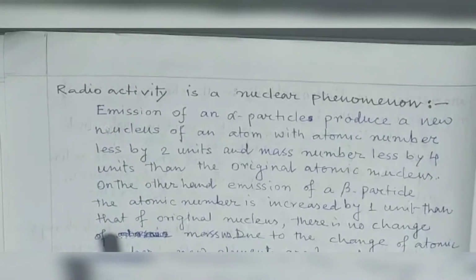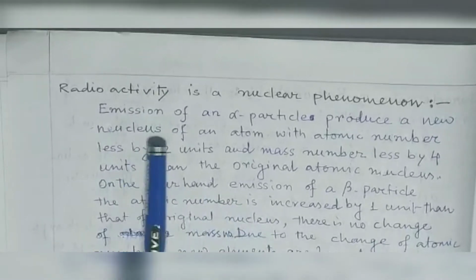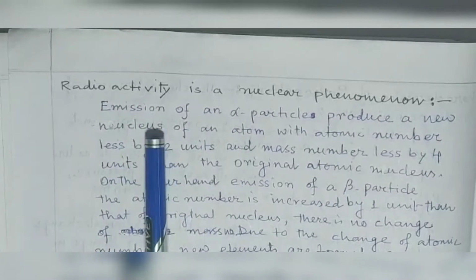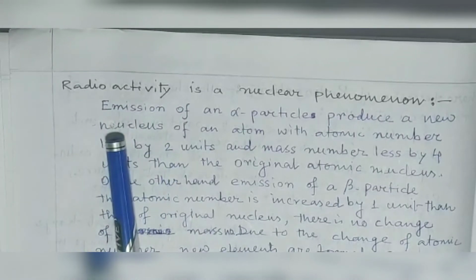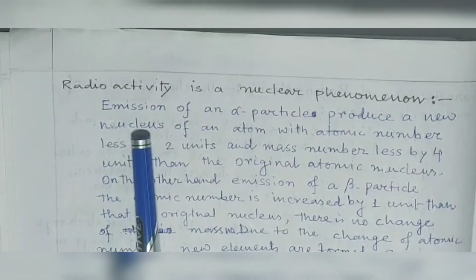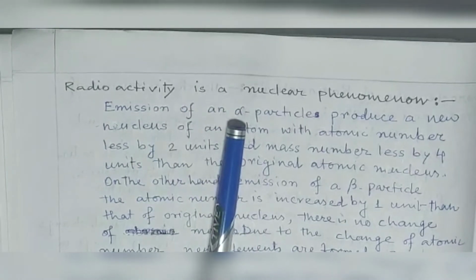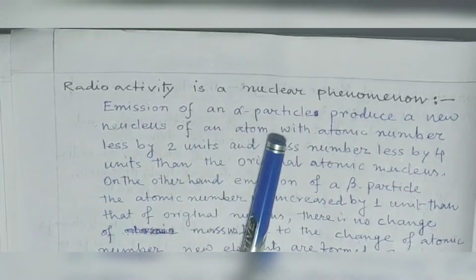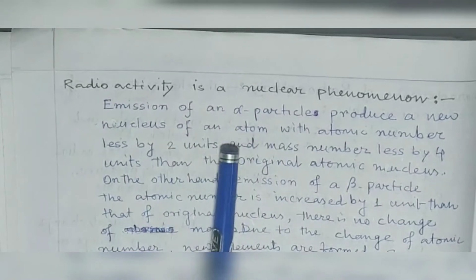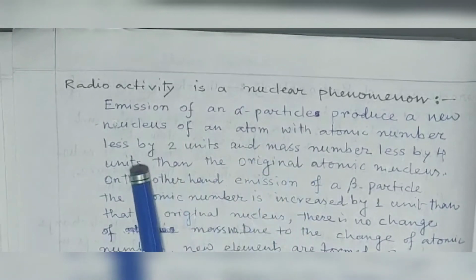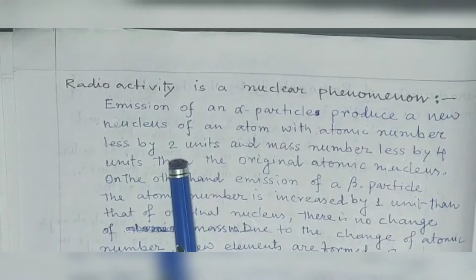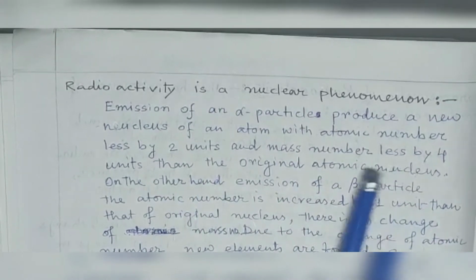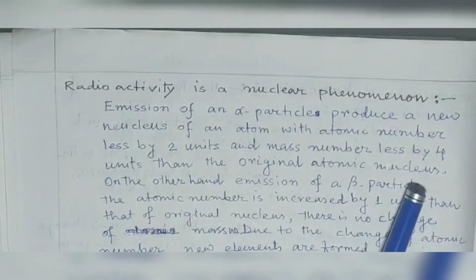Earlier we discussed the nuclear phenomena of radioactivity in the characteristic property number 4. Now we discuss this nuclear phenomena. Emission of an alpha particle produces a new nucleus with atomic number less by 2 units and mass number less by 4 units than the original atomic nucleus.